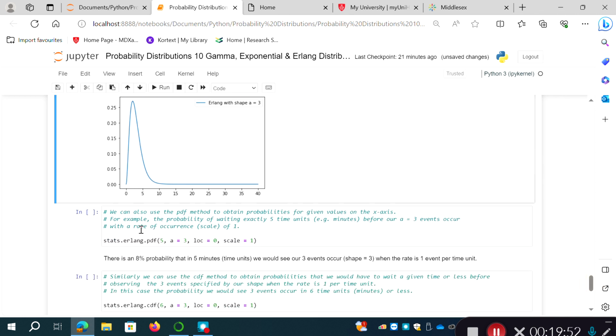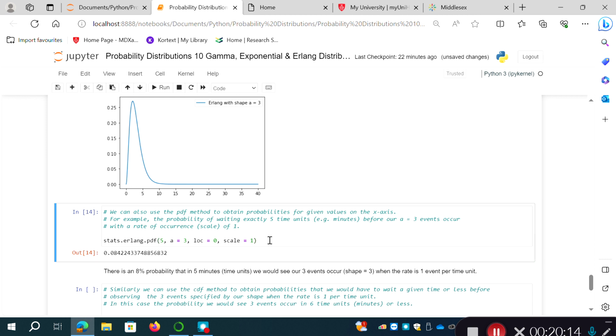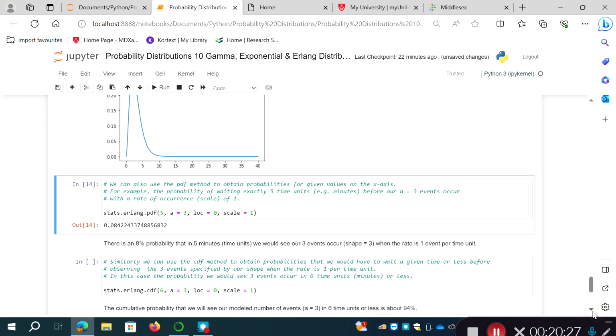But if we use the stats.erlang.pdf method, and just pass a specific value, and then the parameters for our distribution, for example, the probability of waiting exactly 5 time units, for example minutes, before our alpha equals 3 events occur, with a rate of occurrence, a scale, of 1 event per unit time. So there's an 8% probability that in 5 time units we'd see our 3 events occur when the rate is 1 event per unit time. So we'd probably have to wait longer to see those events, I guess.